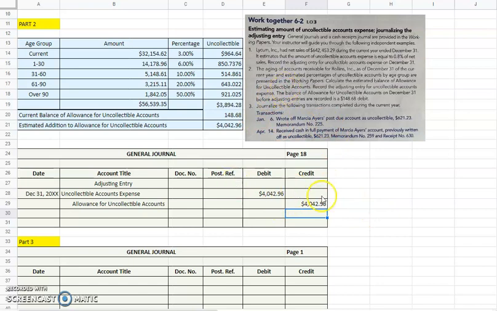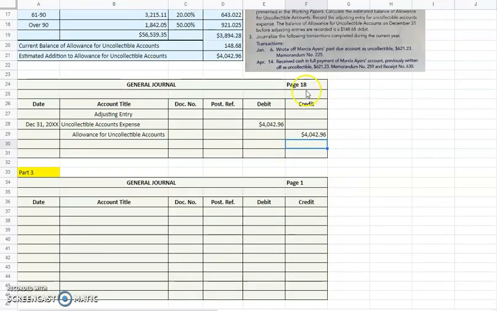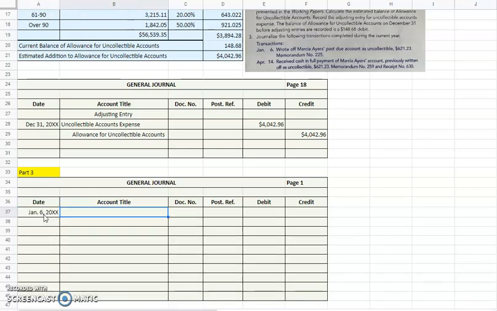Now we're going to do part 3. Journalize the following transactions completed during the current year. The first one, January 6th, we wrote off Marcia Ayers' past due account as uncollectible, $621.23, memorandum number 225. So we're here in our general journal. January the 6th of whatever year.